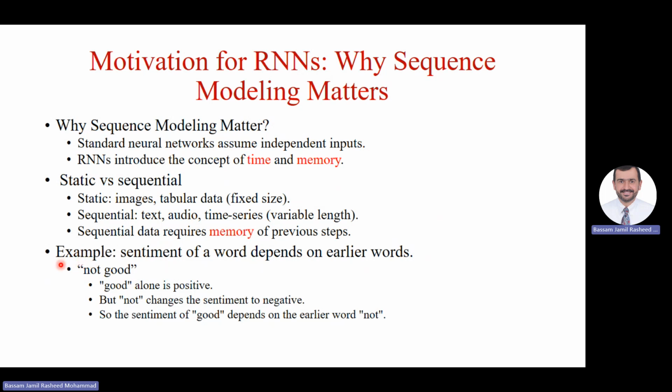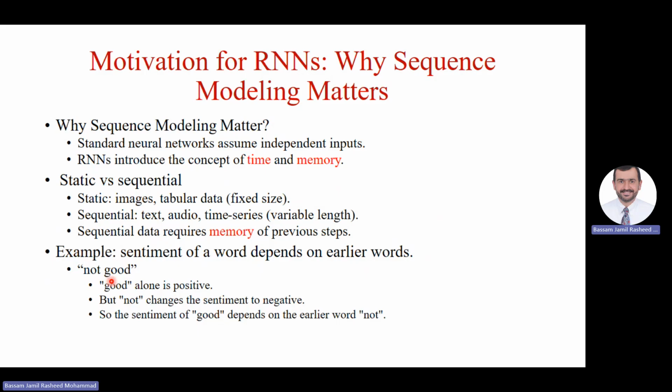Take this, this is a very good example. Let's say 2 words, "not good." "Good" alone is positive. However, the "not" changes the sentiment to negative. So the sentiment of "good" depends on the earlier word, which is "not." If I capture only the word "good," that reflects a positive thing.